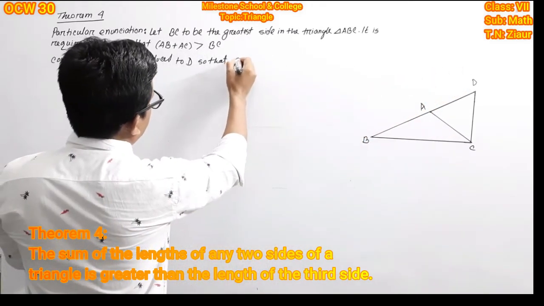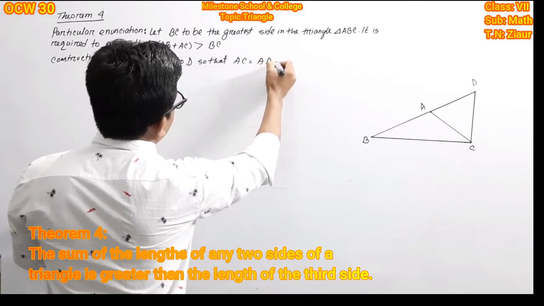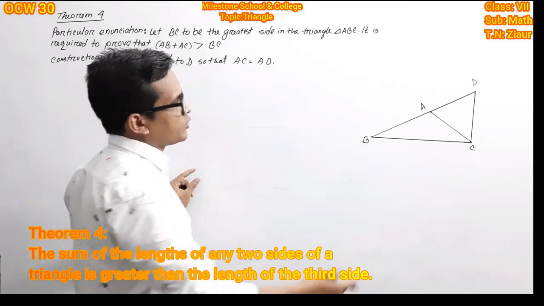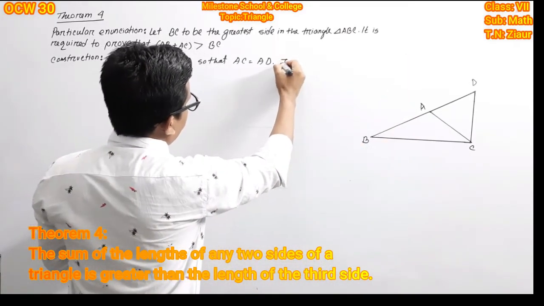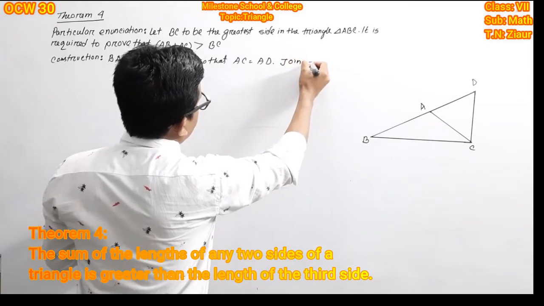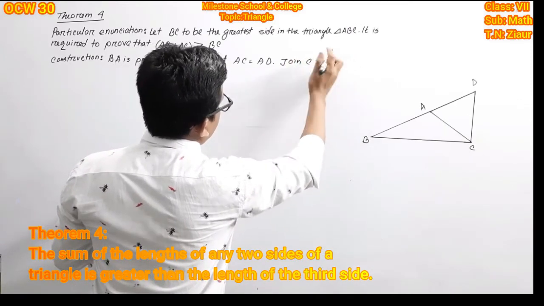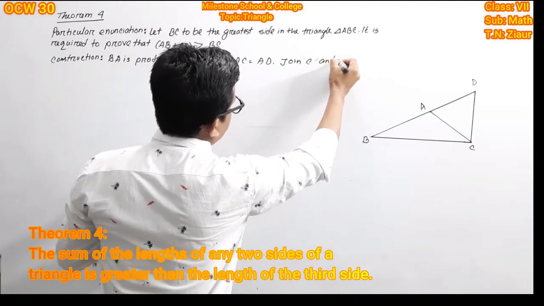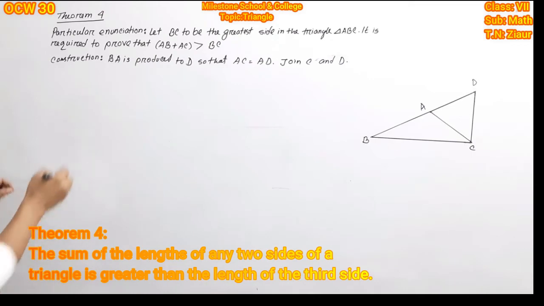Then join, already we have joined, that means C and D. Okay students, now we have to write the proof.